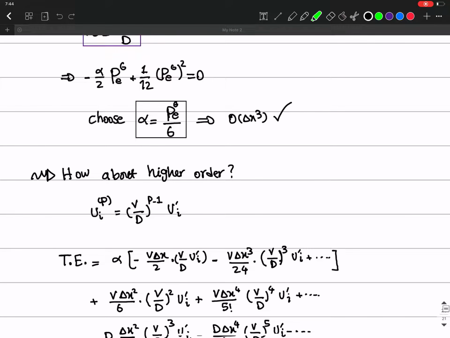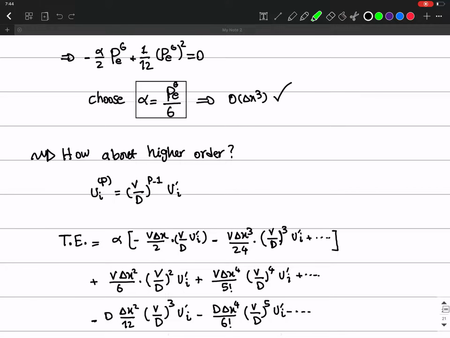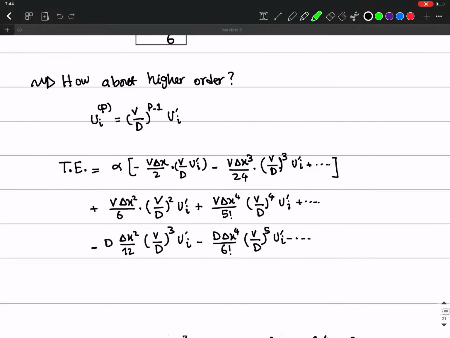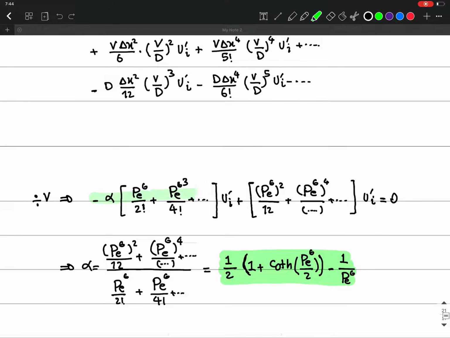Then we went further and asked, how about higher order? Can we choose alpha such that we have a higher order approximation for this problem? And we found, okay, if we write everything based on u prime i, we are left with these two terms, also based on the Péclet number. Then if we choose a proper alpha and set this to 0, the truncation error is going to be 0.